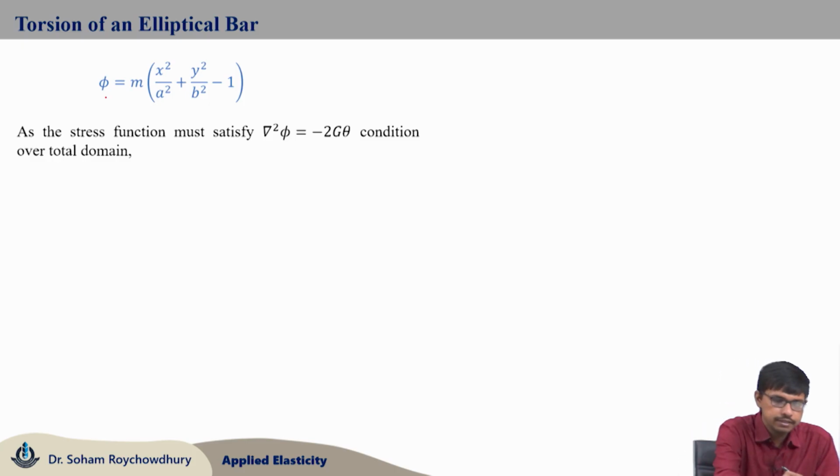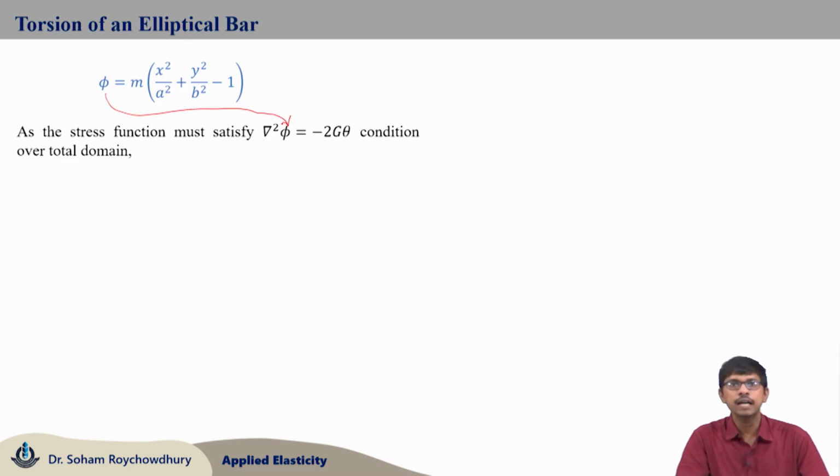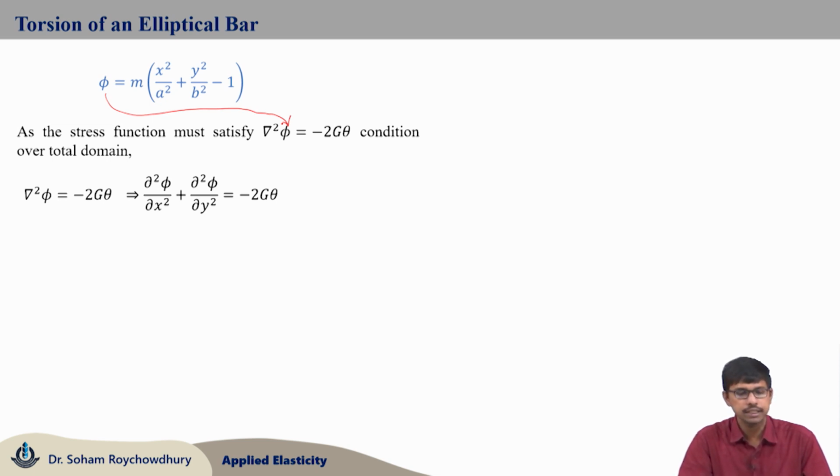Now moving forward, we substitute this phi in the Laplacian condition, Laplacian of phi equals minus 2 G theta, and find its Laplacian. The Laplacian in Cartesian coordinates is del 2 phi del x2 plus del 2 phi del y2, and that should equal minus 2 G theta.